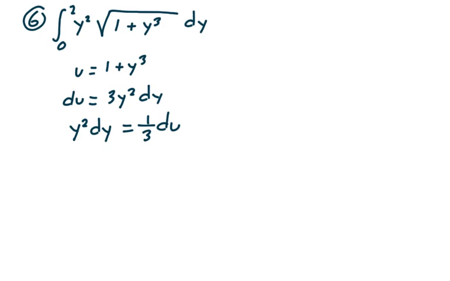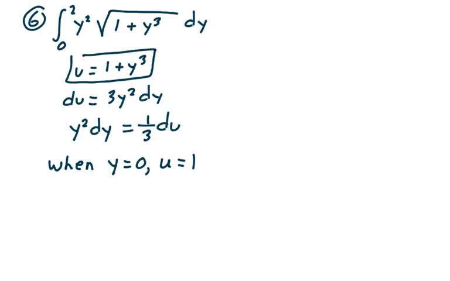All right, now, when y is 0, u equals 1. I'm plugging in this line here. When y equals 2, u equals 9.